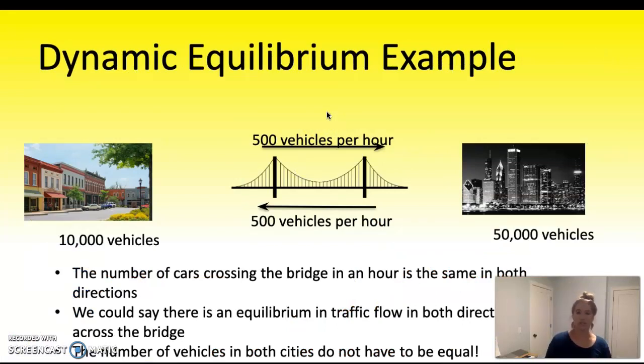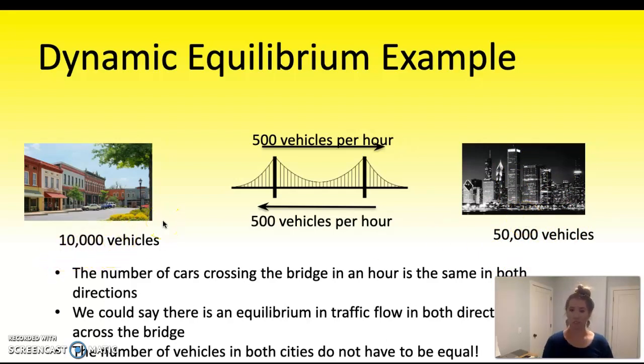Think of a small town and a big city, and the only way to travel from one to the other is a bridge, okay? So initially, the amount of vehicles in the small town is 10,000, and the amount of vehicles in the big city is 50,000. And so obviously the concentration in the big city is greater than in the little town.